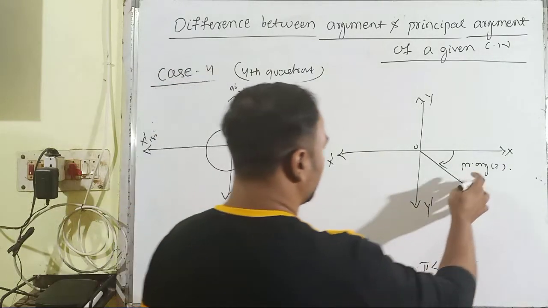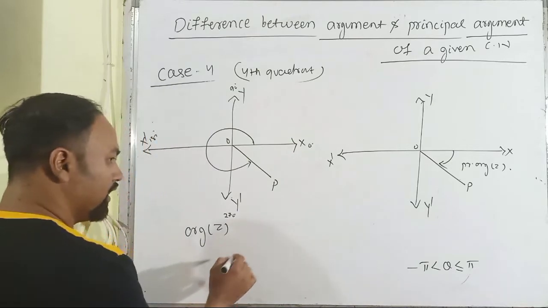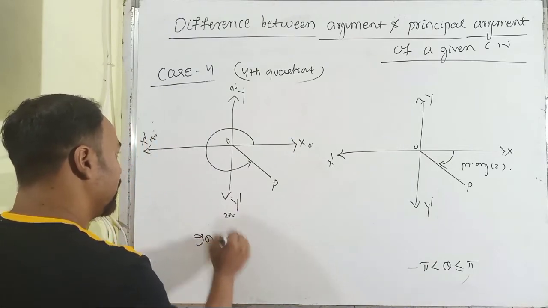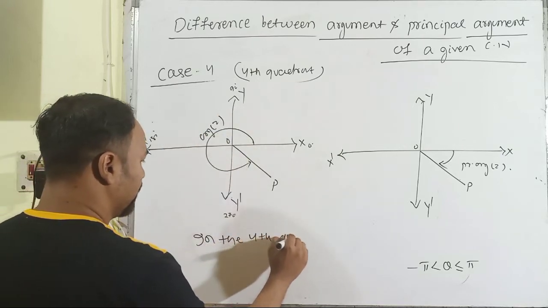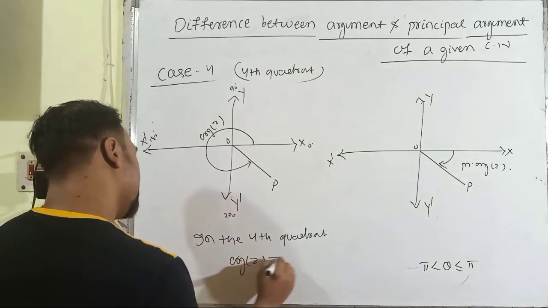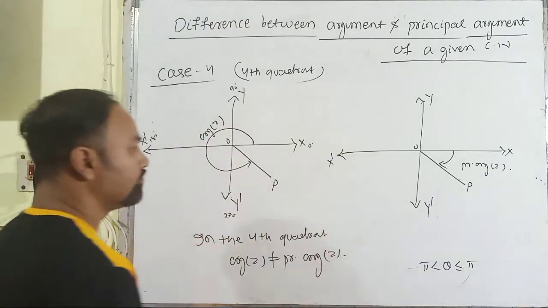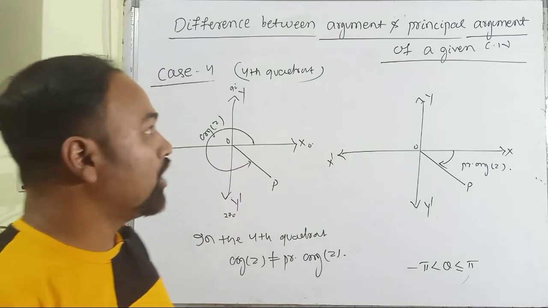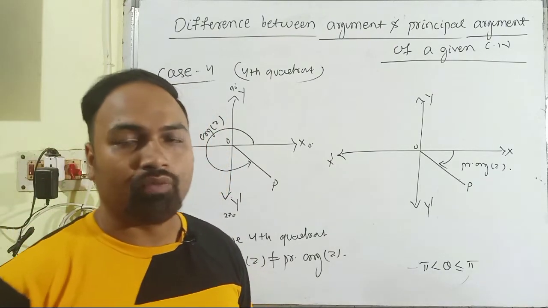So in the fourth quadrant, argument of z is not equal to principal argument of z. So these are the differences between the argument of z and the principal argument of z in the four different quadrants.